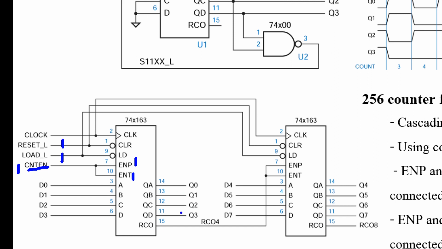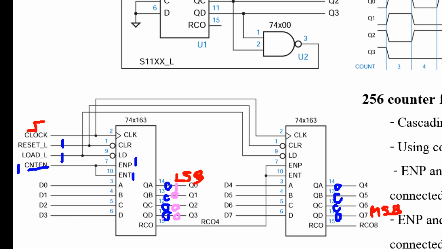If I start from the state of 0, 0, 0, 0, 0, 0, 0, 0, with MSB here and this is LSB, when the clock ticks it counts up, right? Then the next value is 0, 0, 0, 1.